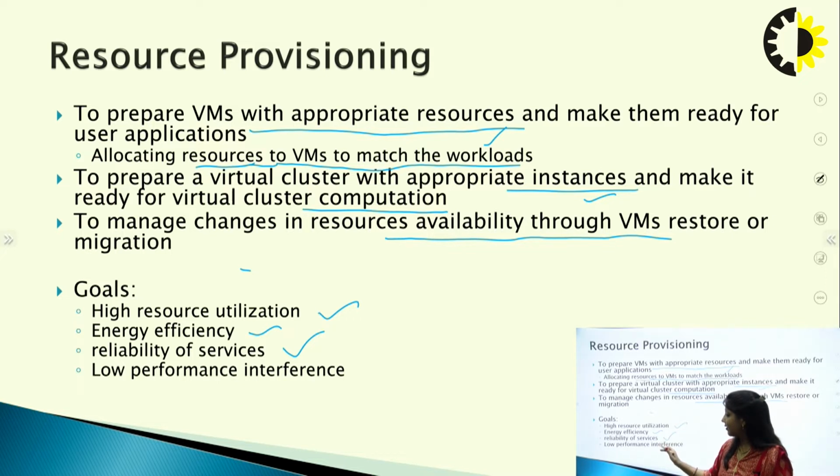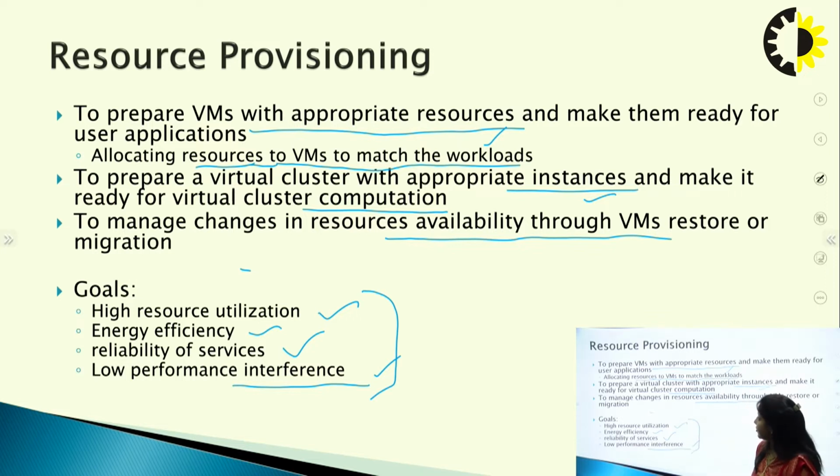So reliability is very important. And low performance interference means there should be no error, the connection should be proper, and the server should be available always. So these are all the goals while providing the resources to the virtual machine. The provider has to ensure this kind of application.